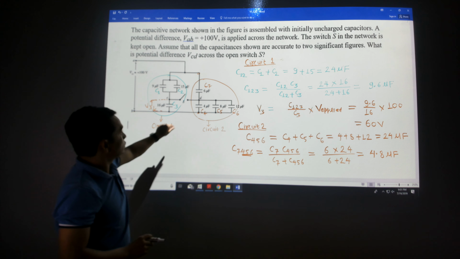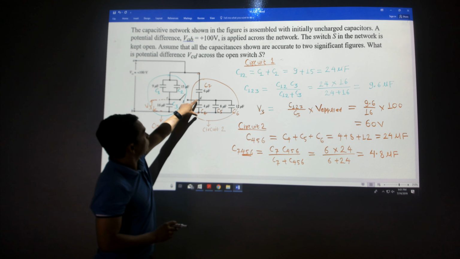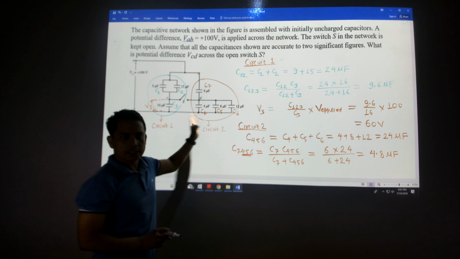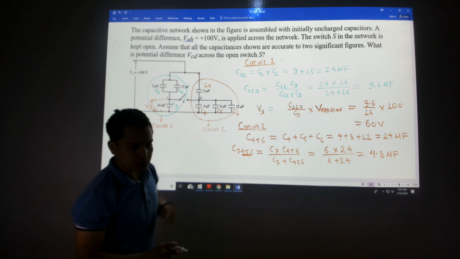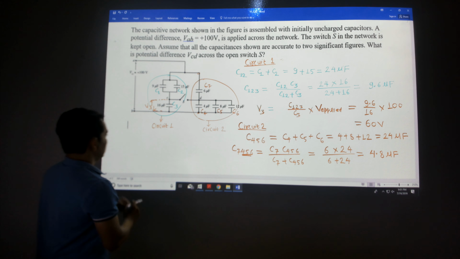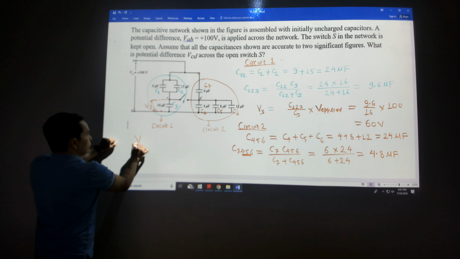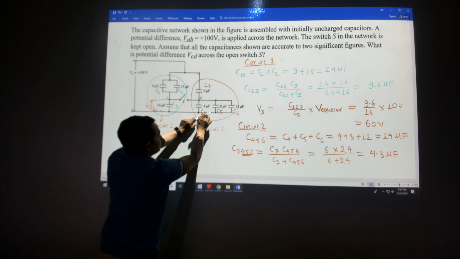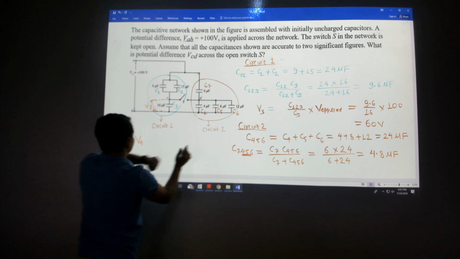Now I'm going to find the potential across C4, C5 and C6, as they are in the same combination, so it should be the same potential. I'm simply calling it V4. V4 means the potential across this capacitor. It doesn't matter where you measure, at this point or this point.